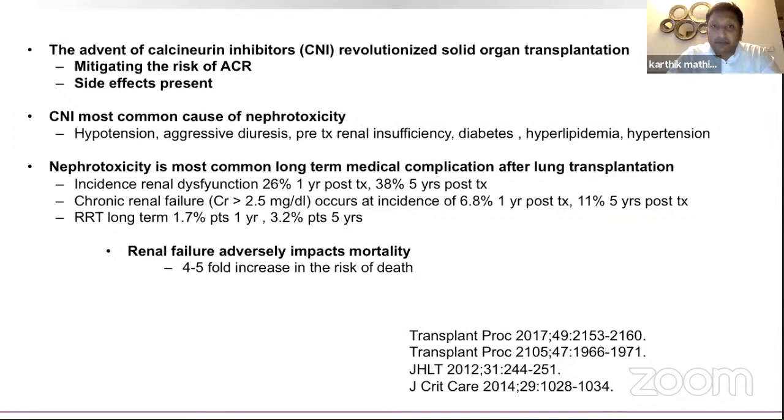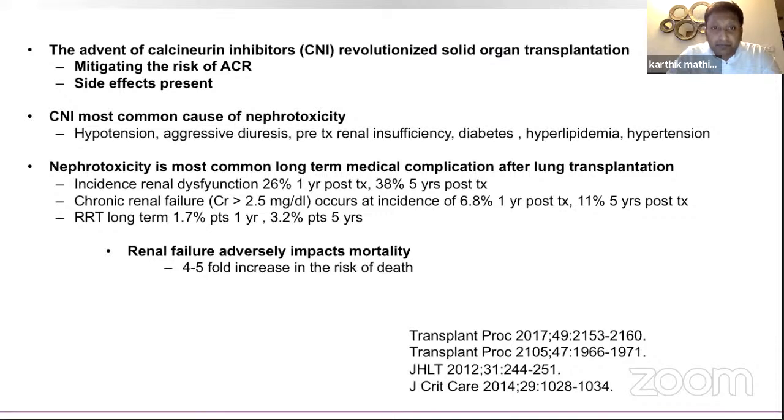Nephrotoxicity is the most common and talked about. Hypertension, diabetes, hyperlipidemia, pre-transplant renal insufficiency, these are all potential long-term complications because of CNIs. Like I said, there's another paper, quoted from lung transplant also, which says nephrotoxicity is the most common long-term medical complication.